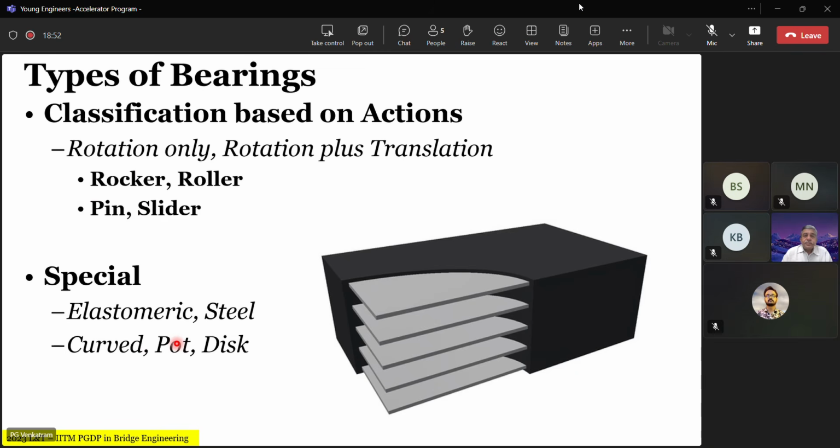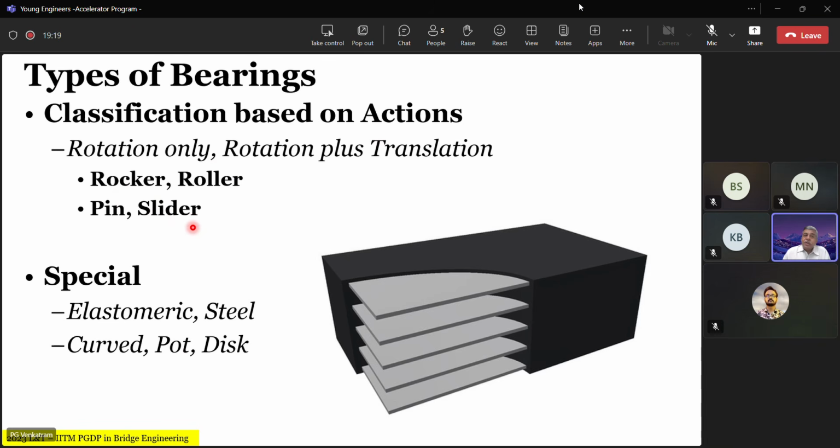Now, there are different types of bearings which take care of different effects. There are types of bearing which are classified based on the kind of force action that they can undertake. For example, there are bearings called rocker bearings, roller bearings, and pin bearings or slider bearings or guide bearings.